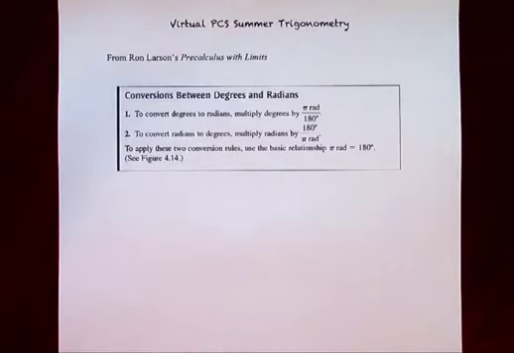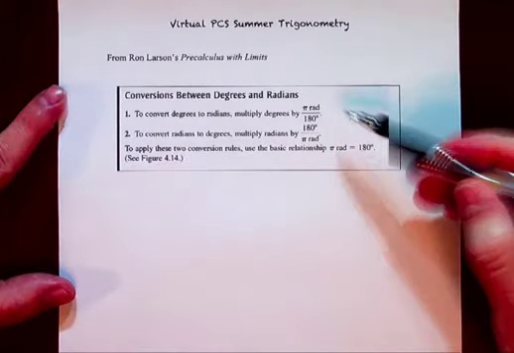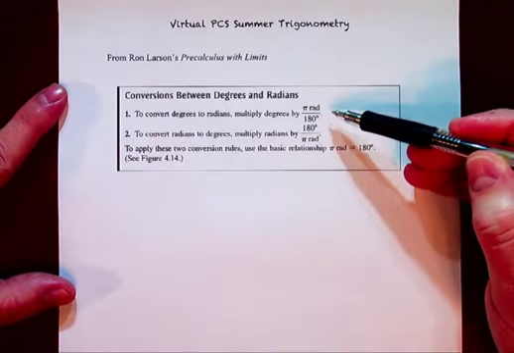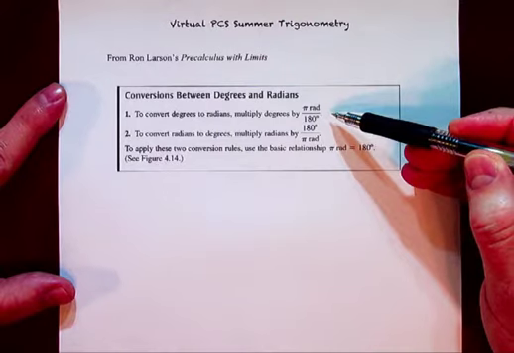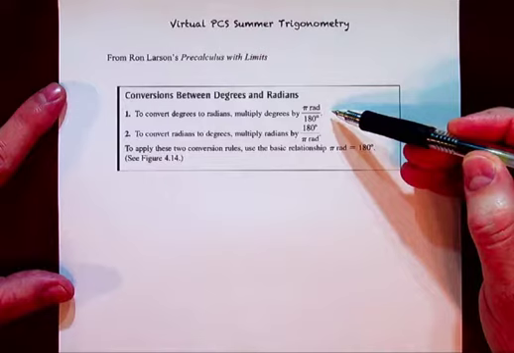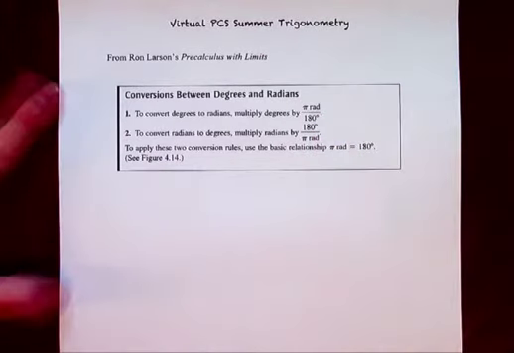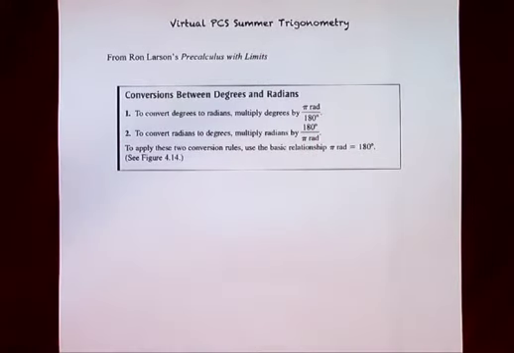And of course, these ratios are done because 2 pi is a full revolution, and 360 is a full revolution. So 2 pi over 360 reduces to pi over 180, and that's why we use these ratios.